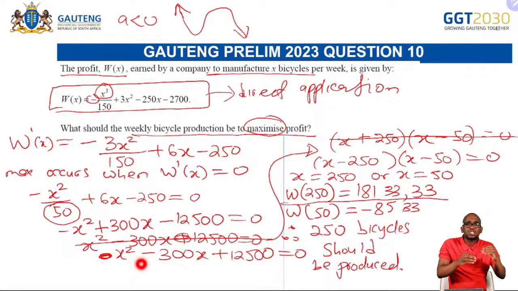With back substitution, the bigger answer gives you the maximum value. Then you can make an informed choice as to which answer to choose from the two answers. But it was important for you to show steps of how you've concluded which one is bigger. That is why the question was for 8 marks. Right.